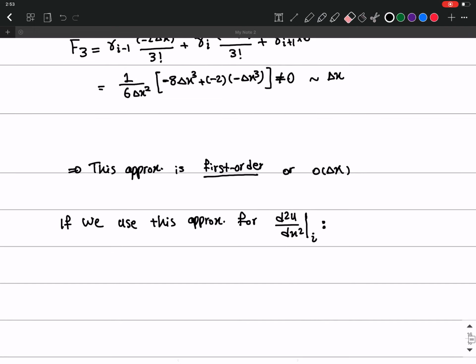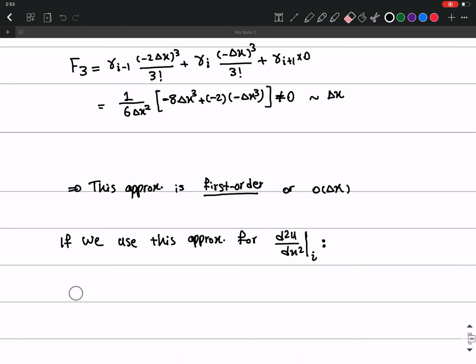So if I calculate that, F3 is going to be 1 over 6 delta x squared. Let me write it a little bit further down because I want to do something here. So F3 is going to be 1 over 6 delta x squared.